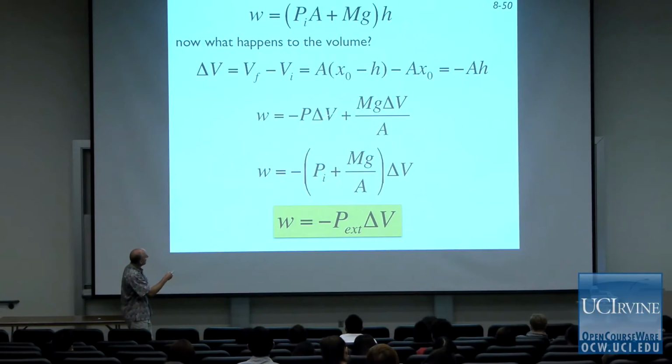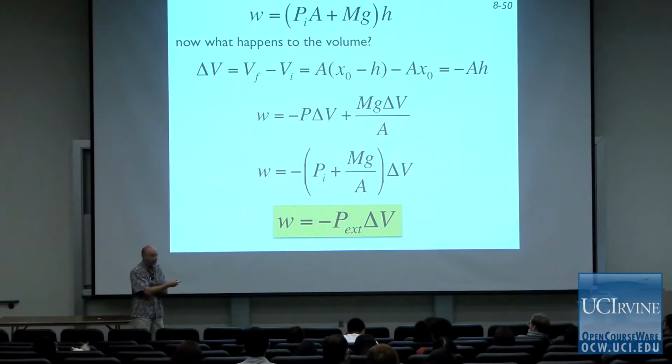Okay, so I can factor out the delta V, because there's delta V here, and so work is equal to minus P sub I plus mg over A. Well, that's just the external pressure, the way we defined it earlier. That's just the total external pressure.